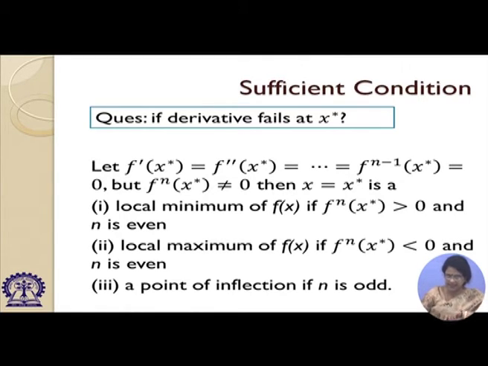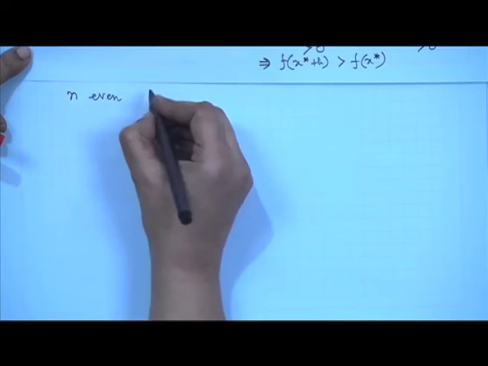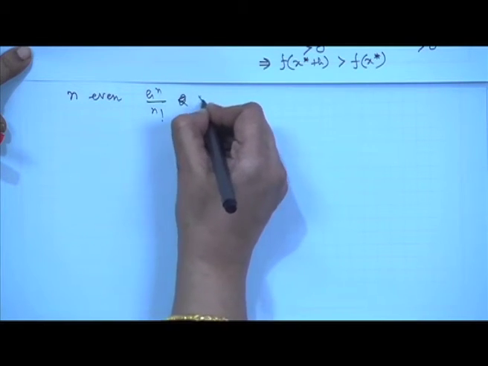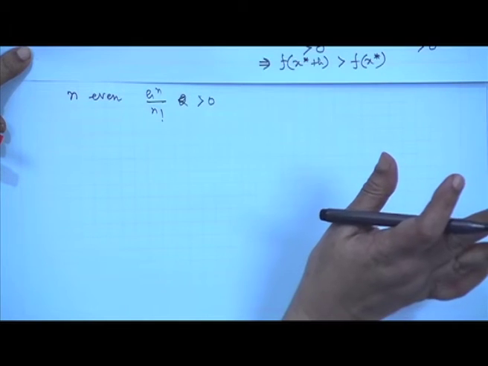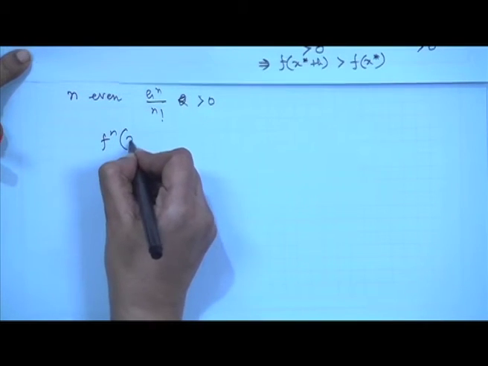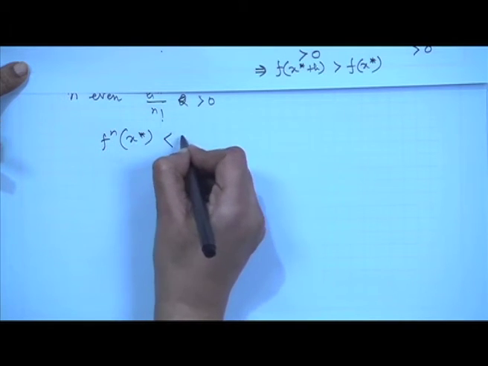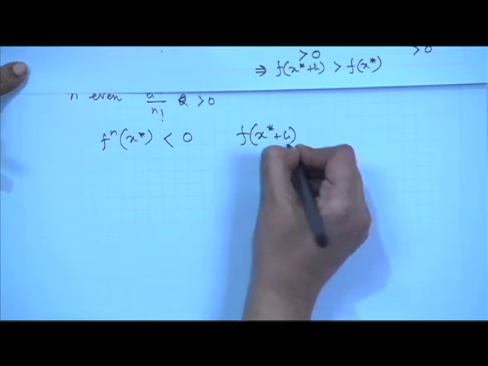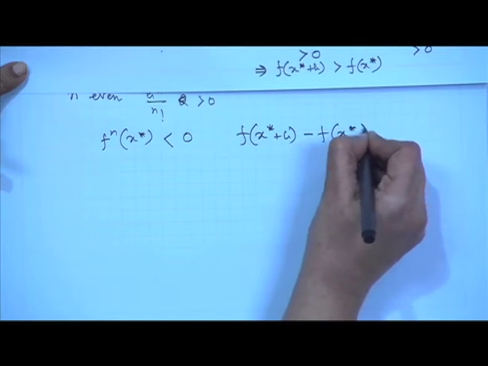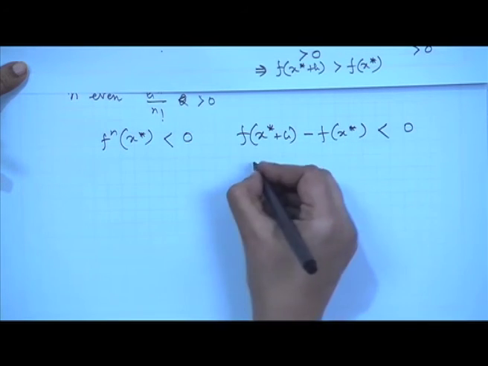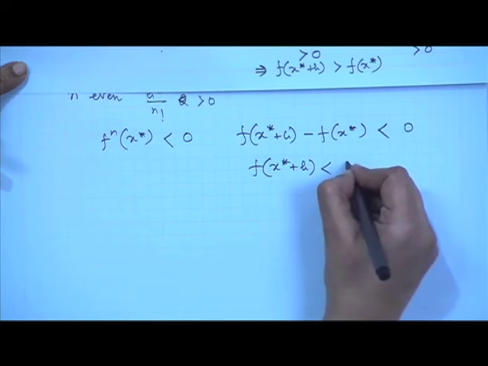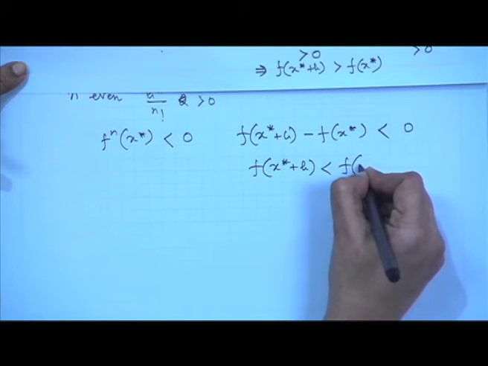Alright. Just let us see the reverse case. When n is even, h to the power n by n factorial is also positive. Then if f^n(x star) is negative, then certainly f(x star plus h) minus f(x star) must be negative. What we are getting is that for any other value other than x star, we are having a lesser functional value.